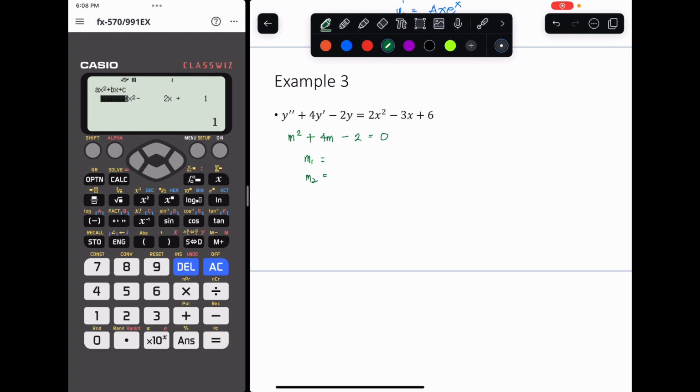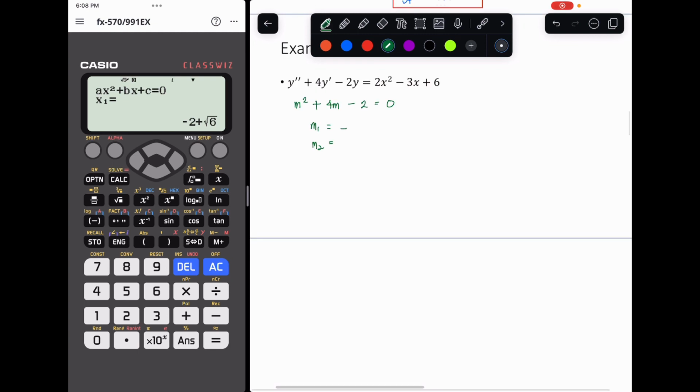I'm going to write that: 1, then 4, and negative 2. So we'll have m1 to be negative 2 plus square root of 6, and the second one is negative 2 minus square root of 6.